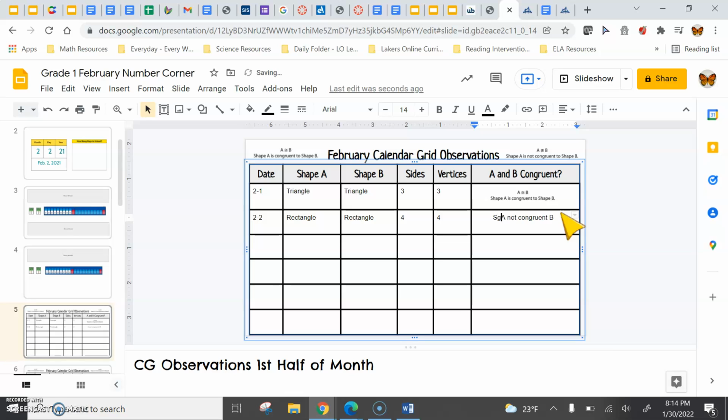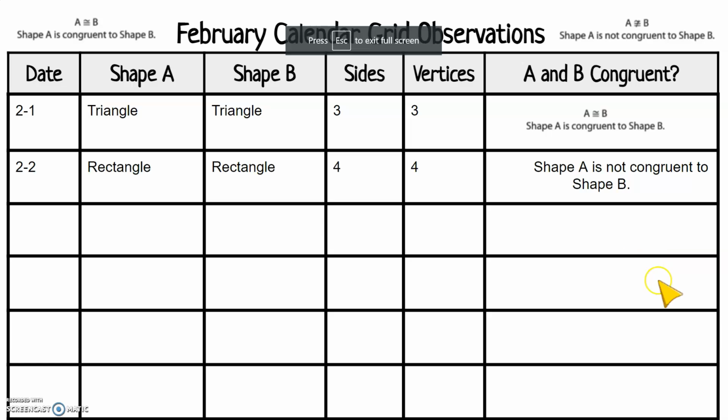And I can write it this way. Shape A is not congruent to shape B. And we'll make sure all of this is in the middle. There we go. Make it big enough for you to see. So now we said both shapes were rectangles.